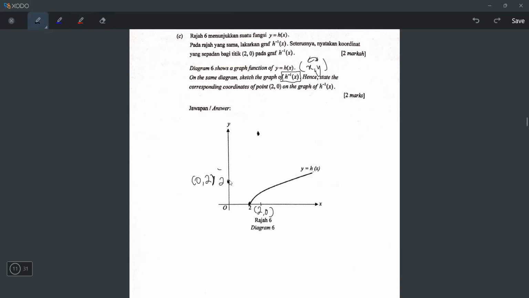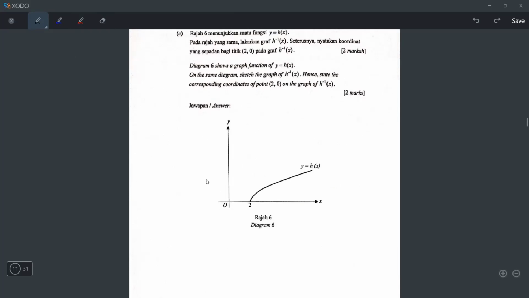Now I can just use my pencil and draw. But you don't draw it straight, okay? Because it will be a reflection of this line. So (2, 0), and the other point is like (3, 8), lebih kurang atas sini.